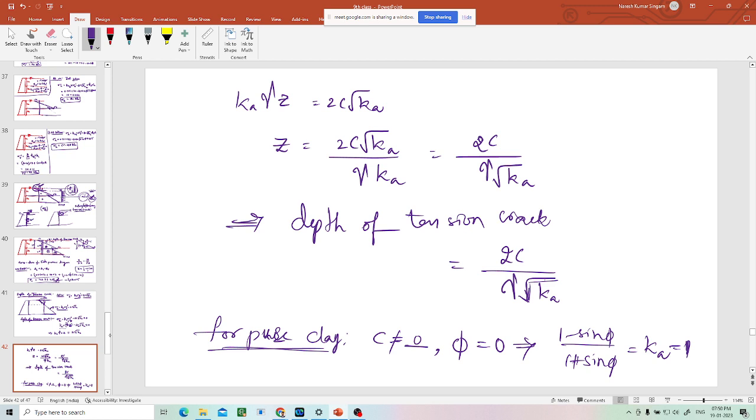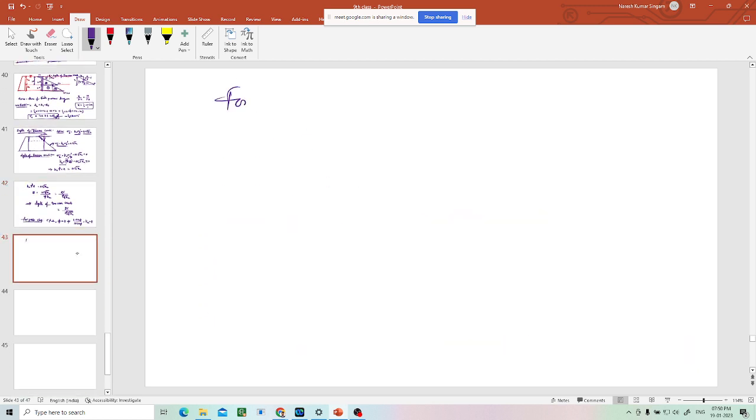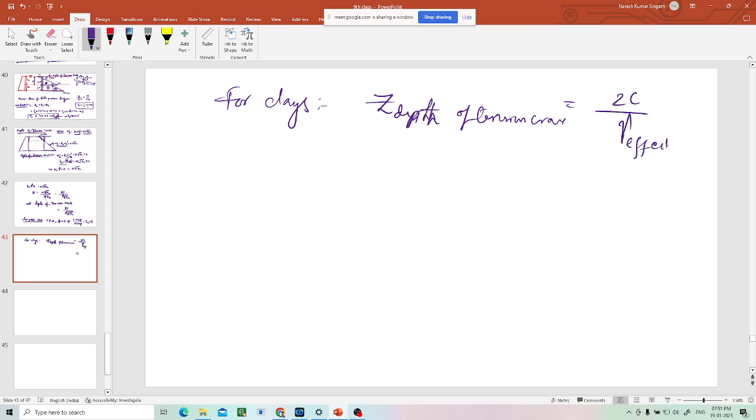In that case, the depth of tension crack z is just 2c by gamma. That gamma is effective. You should remember that. It's not just gamma saturated or something. Okay, now this is one concept.